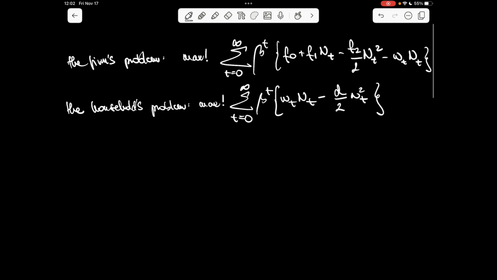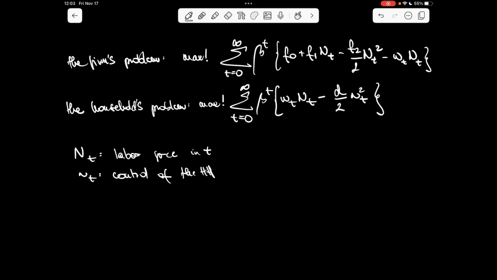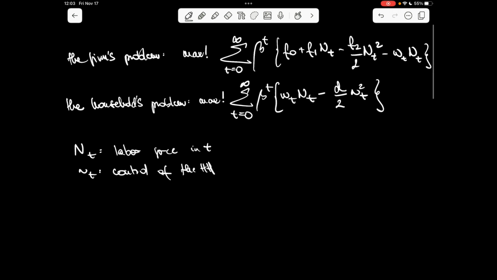Okay, so N_t is labor force in t, and this is capital N_t, and n_t is the control of the household regarding schooling, new entrance to the schooling system, and education takes 1 period.